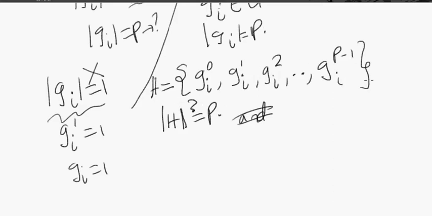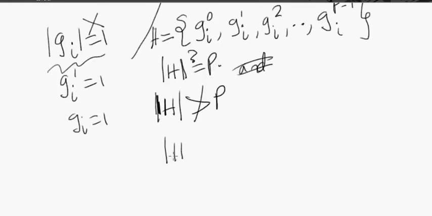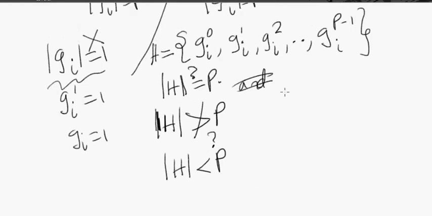Can this set suddenly become bigger than p? If that's not possible, if the order of H can't be bigger than p, we ask another question. Can the order of H be less than p? Is that possible?